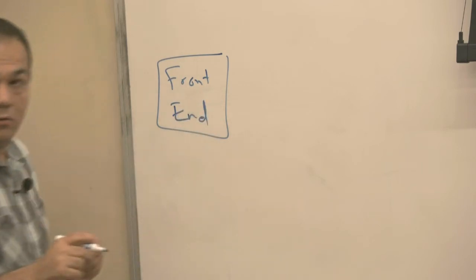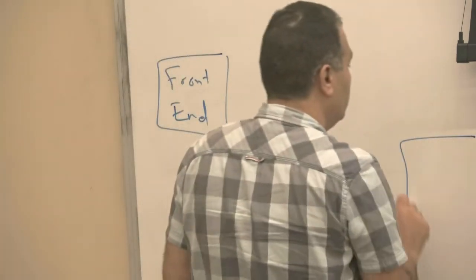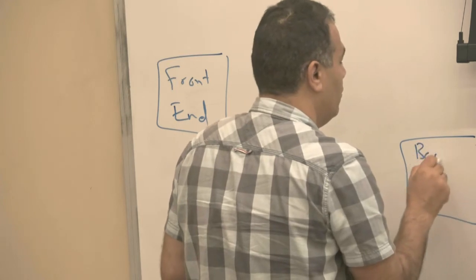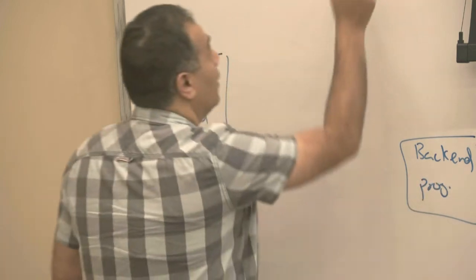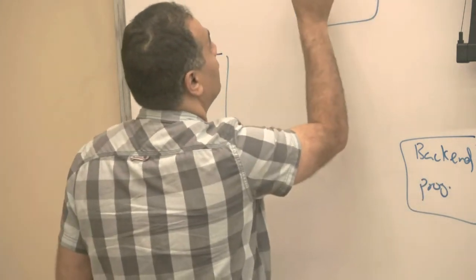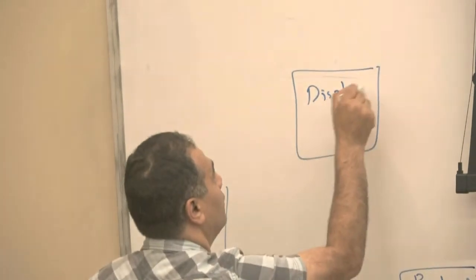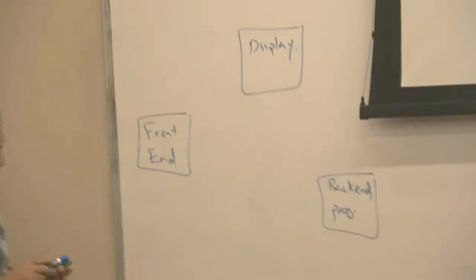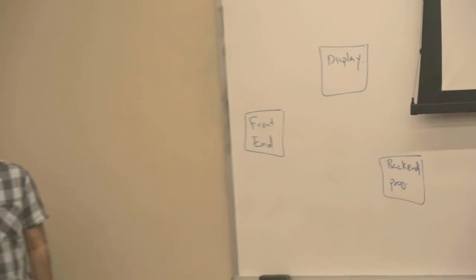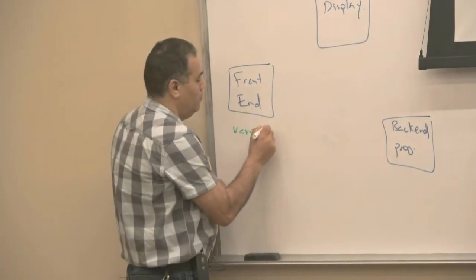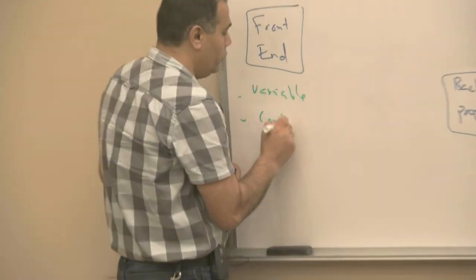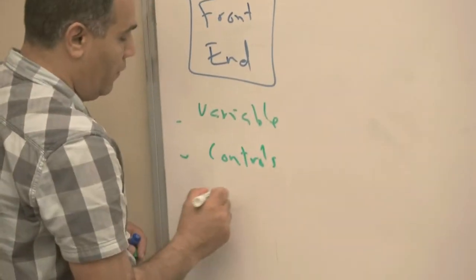And there is something called back end programming, and there's the display. In the front end, we've spoken about the basic language, how to use the controls. So what we covered here: the variables, the controls, functions.